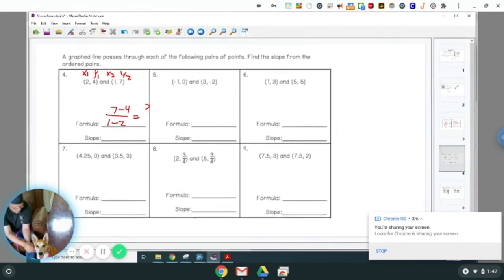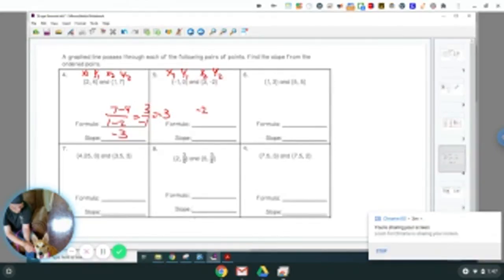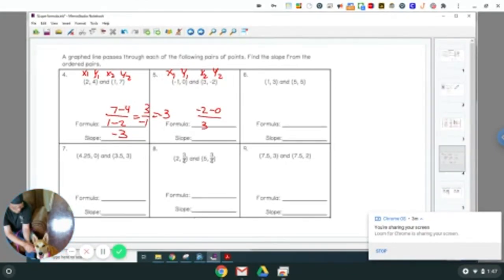So that would be 3 over negative 1, which is just negative 3. x1, y1, x2, y2. So that would be negative 2 minus 0, over 3 minus negative 1, which equals negative 2 over 4, or negative 1/2.